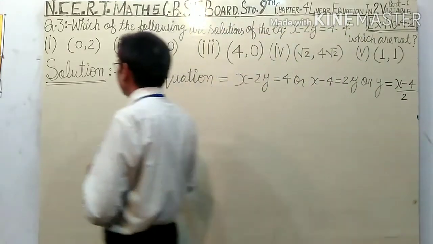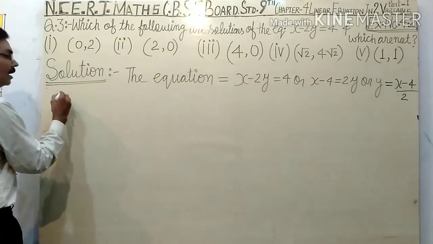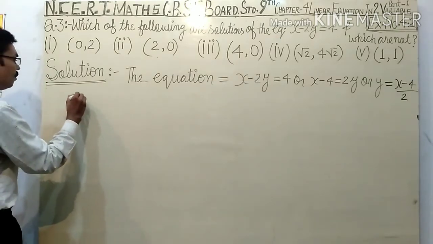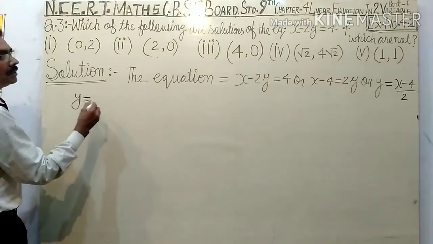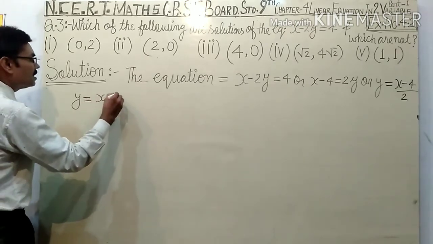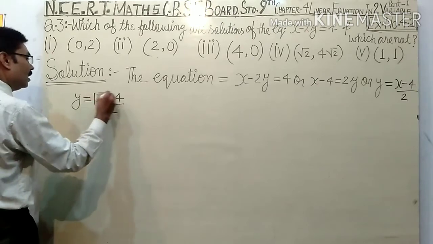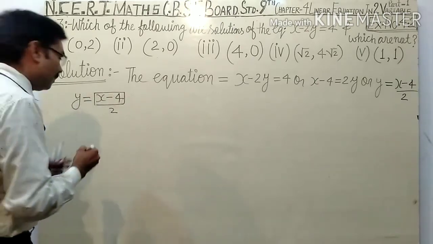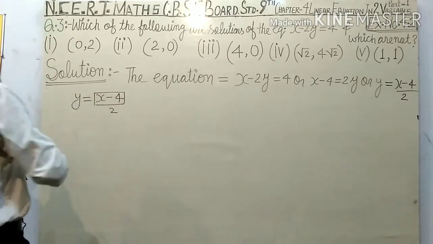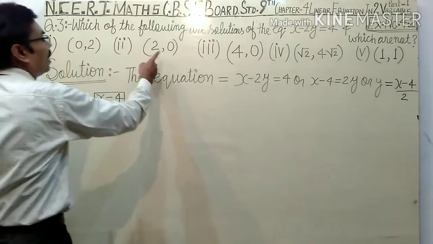Then students, y equal x minus 4 by 2. Now draw a table for given values of x in each case.